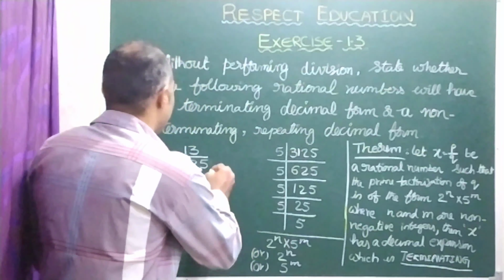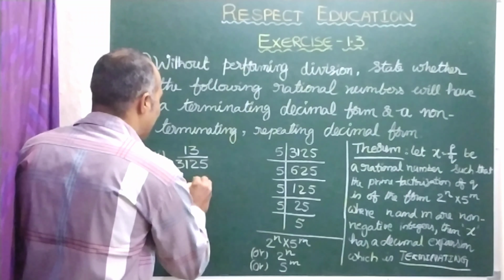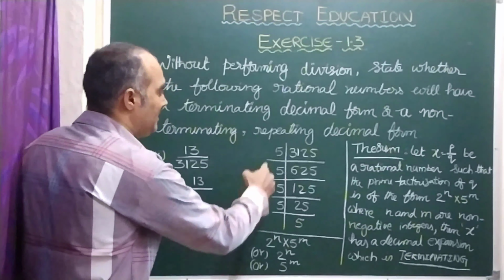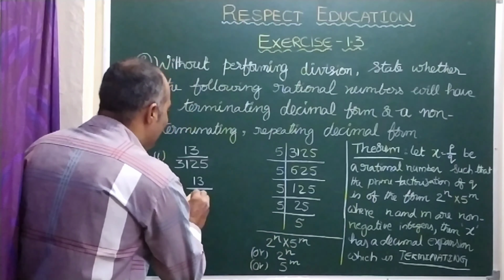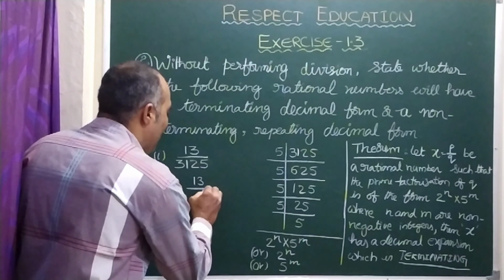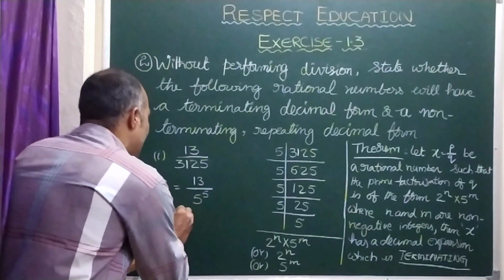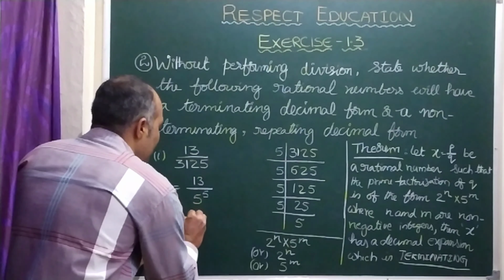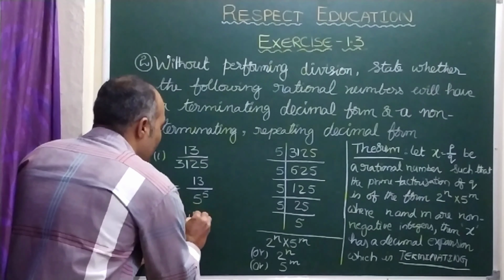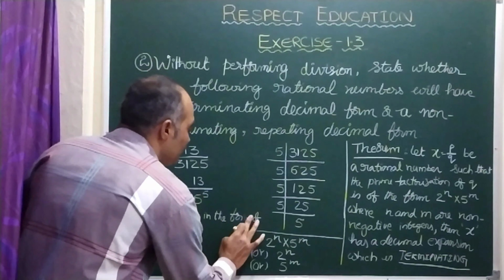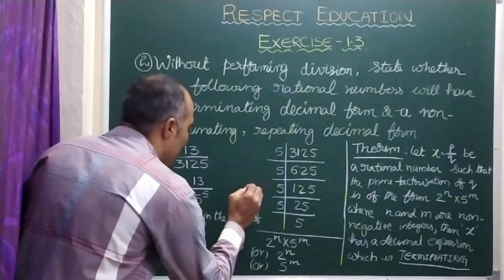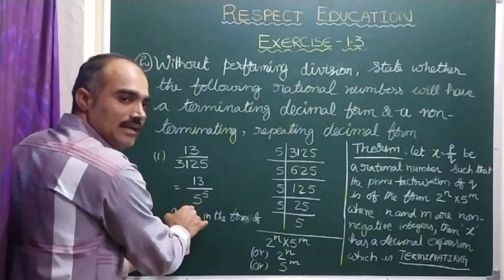See here, let us rewrite this problem. 13 by 3125 can be written as 1 2 3 4 5, means it is 5 power 5, right? Here q is in the form of 5 power m.